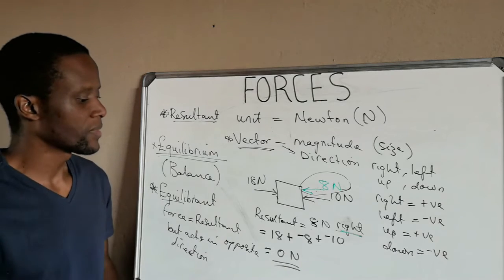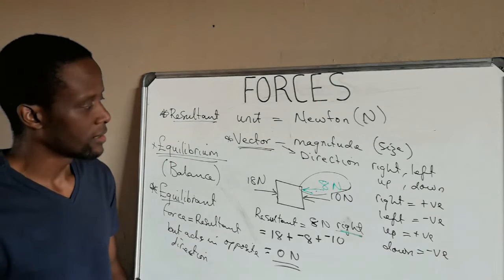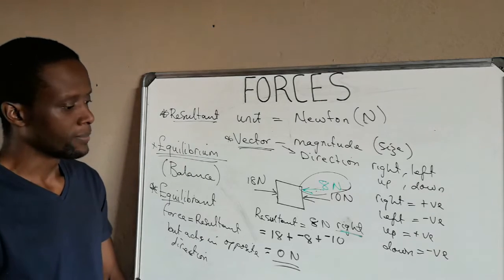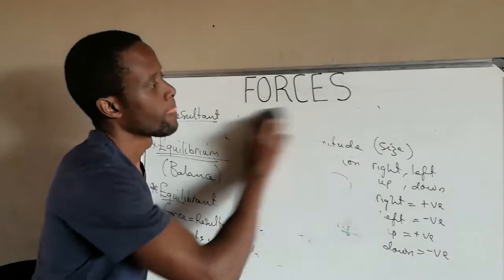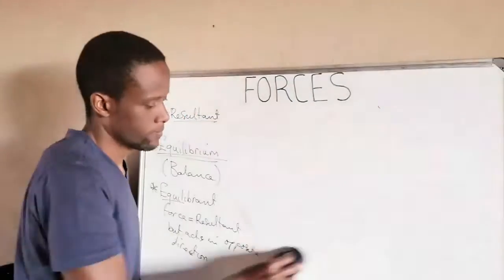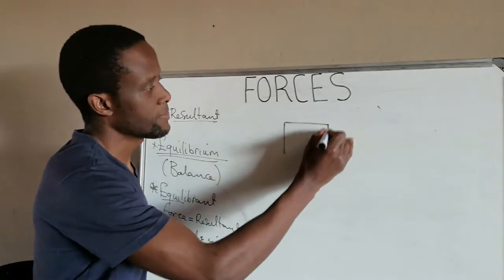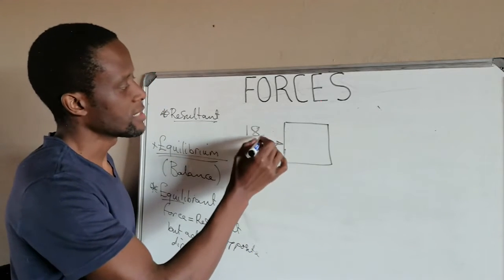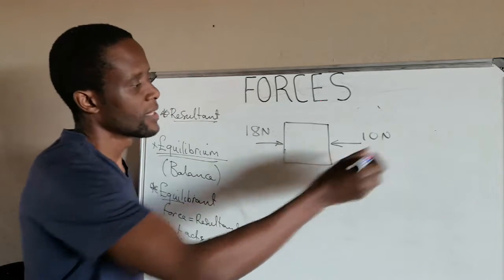So with these three in mind, they will ask us to define any of them, but those will be most of the definitions that we'll find. With these few examples that we've been looking at, we have our 18 newtons, we have our 10 newtons.